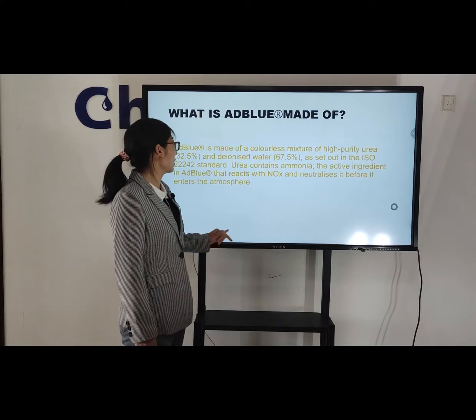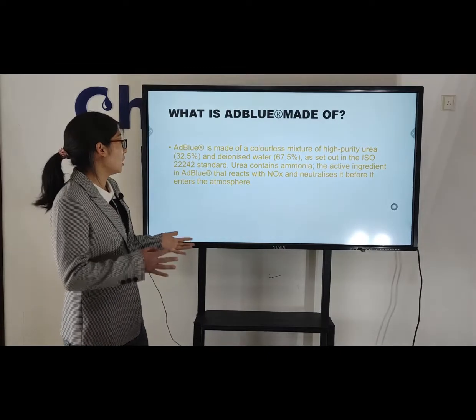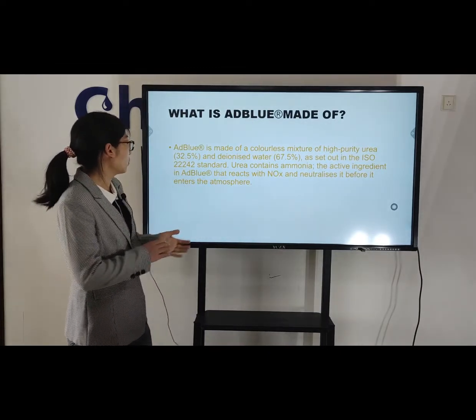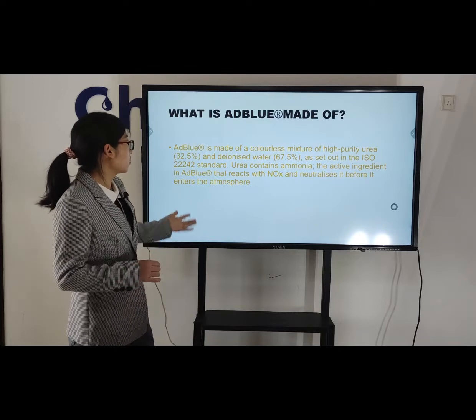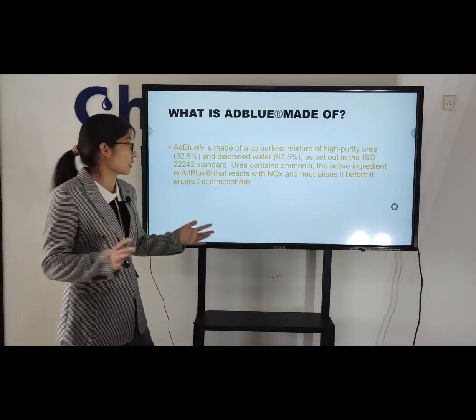And what is it made of? What material do we use to make AdBlue? One main key point is the urea. But that urea is a high purity urea, not the common fertilizer urea. They are different.